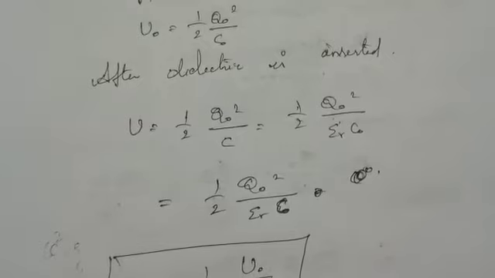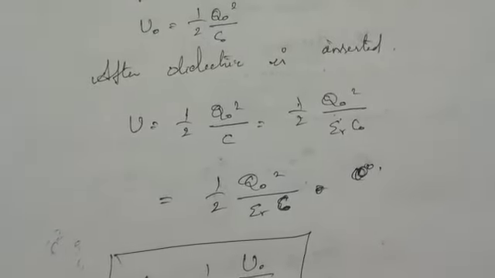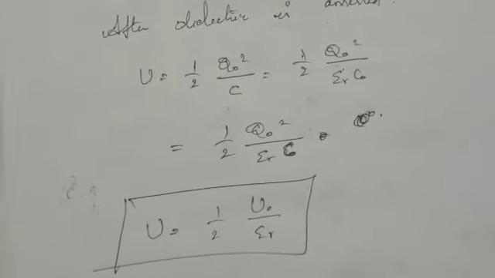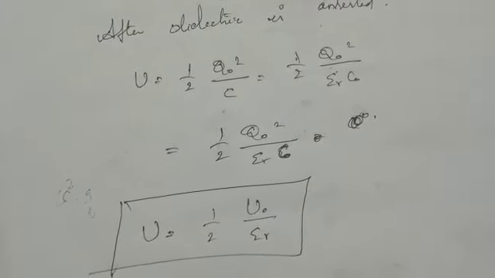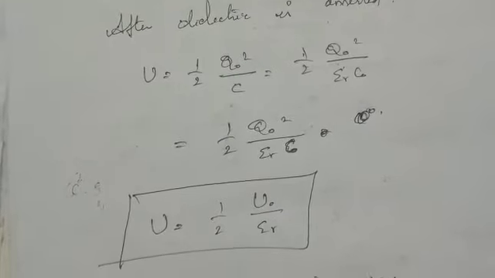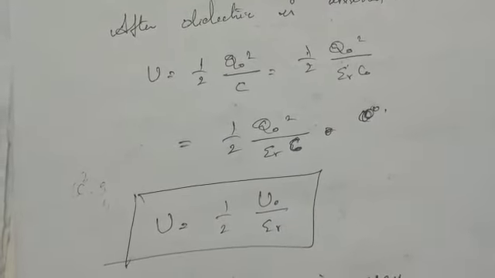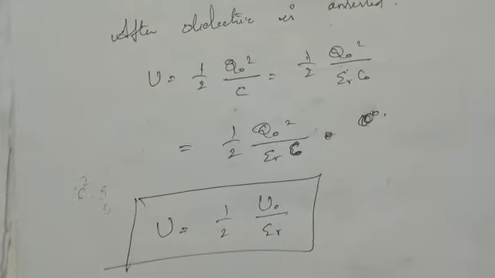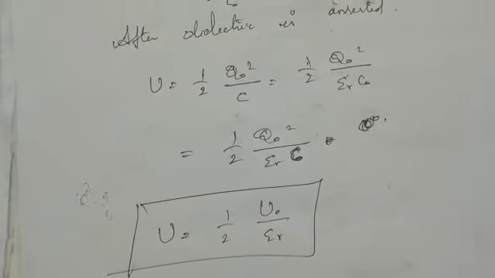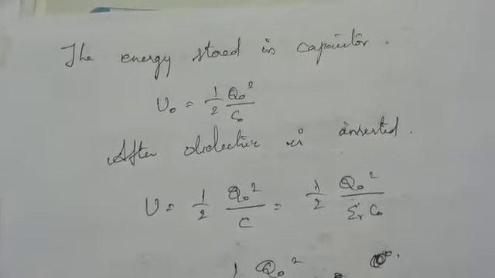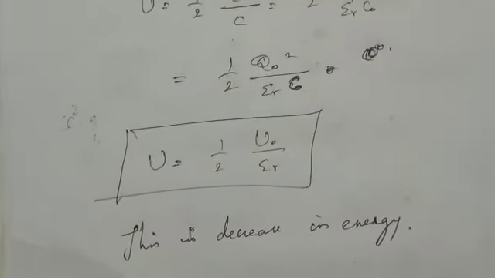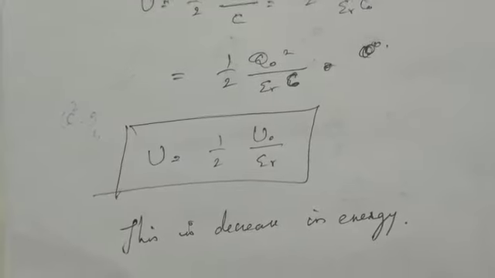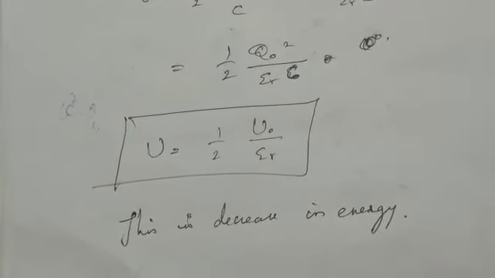Instead of C we substitute the value of capacitance, C naught epsilon R. Finally you get half Q naught squared divided by epsilon R C naught. Separating the epsilon R value, the remaining part, half Q naught squared divided by C naught, is the energy stored in the capacitor before. So U equals half U naught divided by epsilon R. This equation gives the energy.